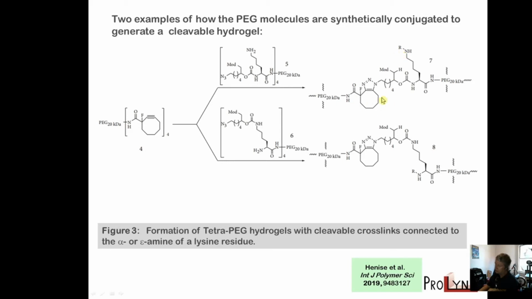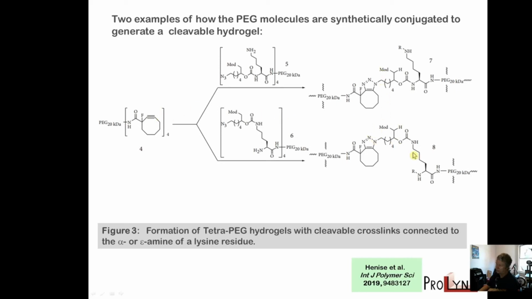And the difference between the top and the bottom here is that up top we're linking on the alpha amine of the lysine, and here we're linking on the epsilon nitrogen of lysine. So if it's alpha, beta, gamma, delta, epsilon, this is called the epsilon amine of the lysine. Overall, it looks kind of crazy, but you're just using the click reaction to snap things onto this alkyne.